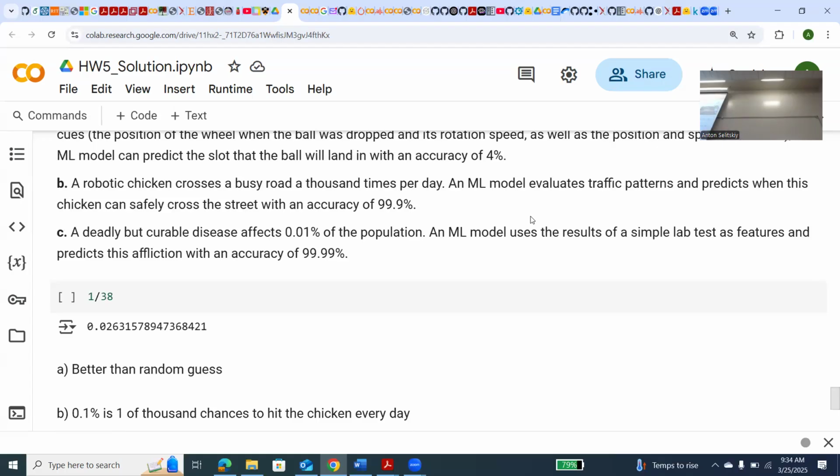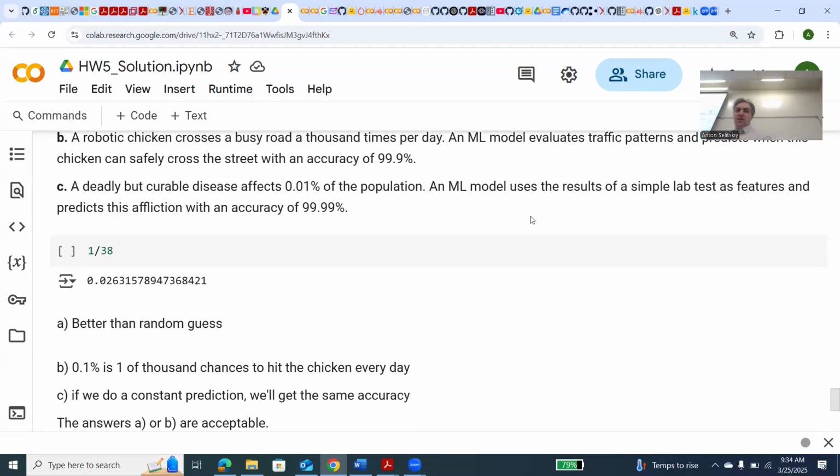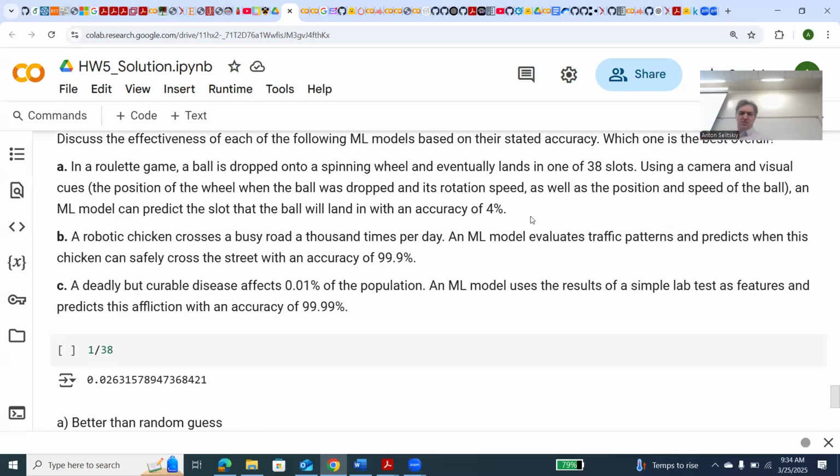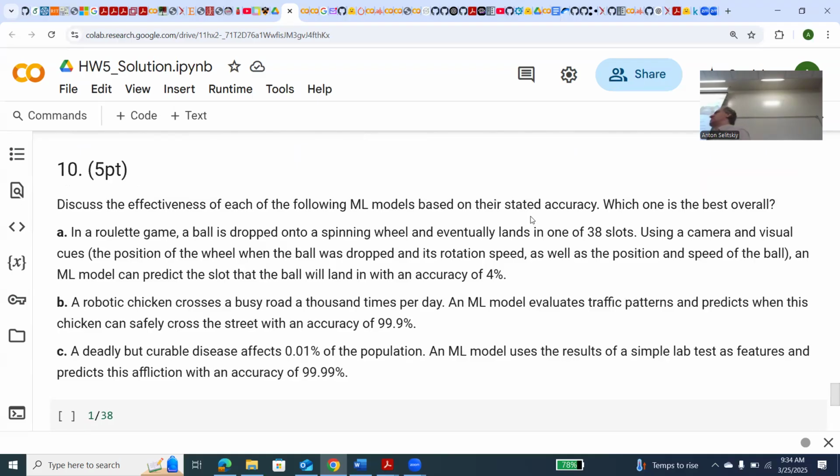And for the second model about the robotic chicken, because it runs 1,000 times, once a day it will be hit. And there is a question if it's expensive to repair this robotic chicken, because if it's expensive, maybe the first model is better.